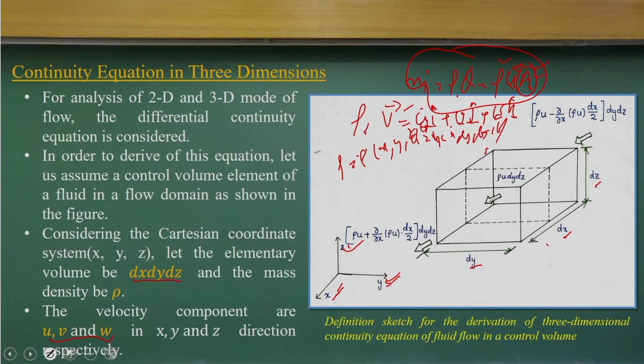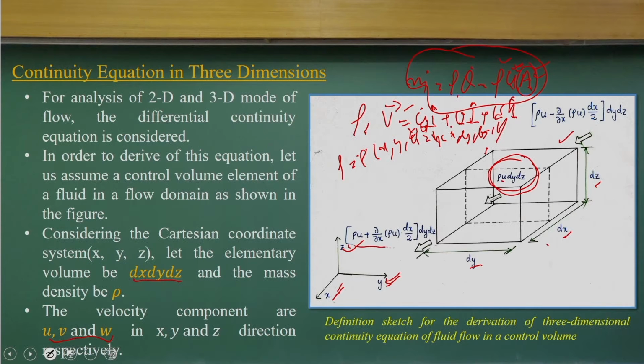Before computing the mass flux coming into and going out of this volume, I have to define it. The mass flux is rho u, and dy dz is the surface area perpendicular to the u direction. This mass flux varies along the x direction.